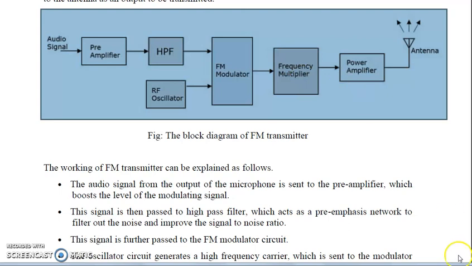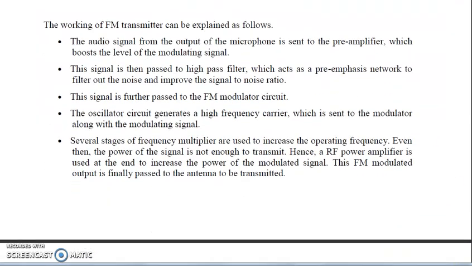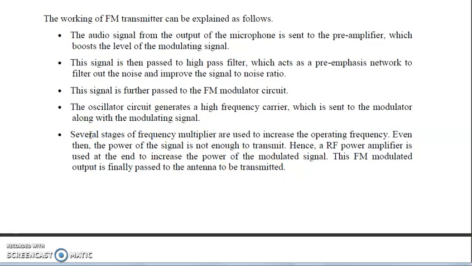Now, what is a frequency multiplier? That we have to watch. It may be a single stage or there may be many more stages of frequency multiplier used to increase the operating frequency. What is its use? It is used for increasing the operating frequency.